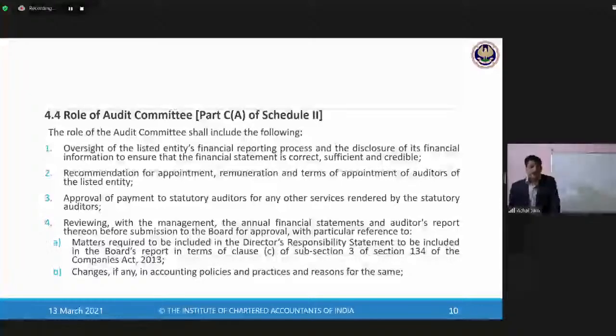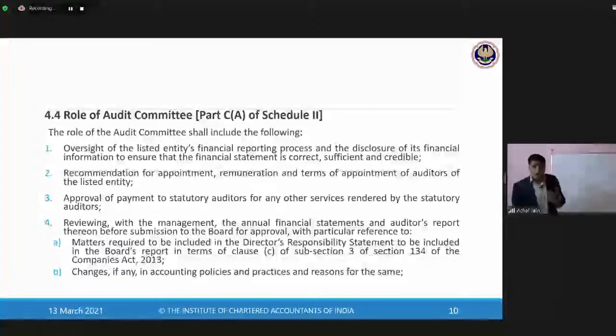Oversight of the entity's financial reporting process and the disclosure of its financial information, to ensure that the financial statement is correct, sufficient, and credible. The recommendation for appointment, remuneration, and terms of appointment of auditors. This means the statutory auditor as well as the internal auditors.